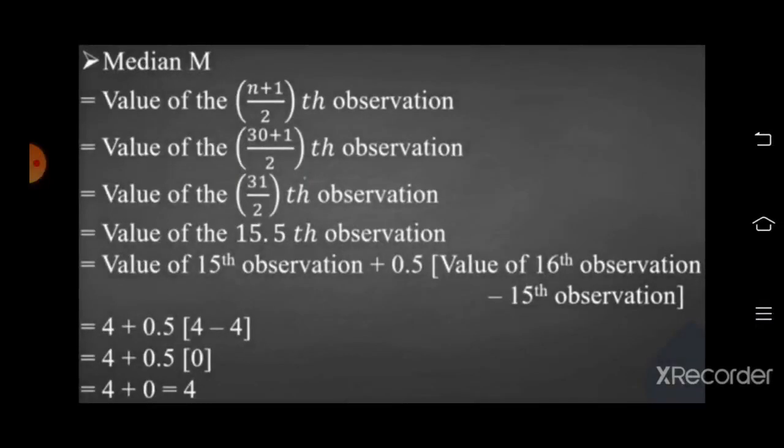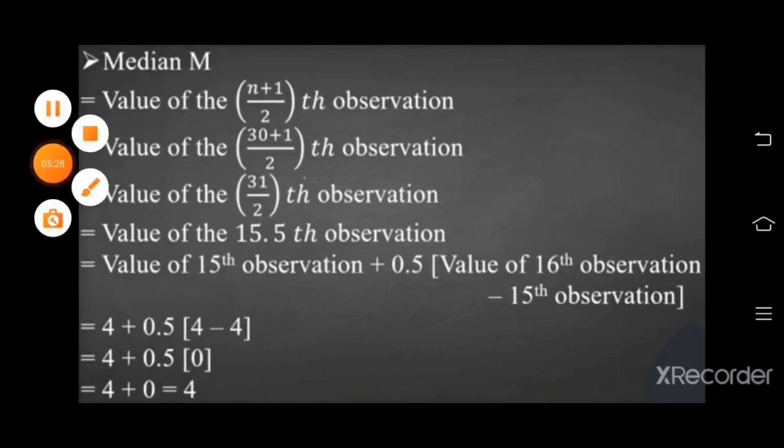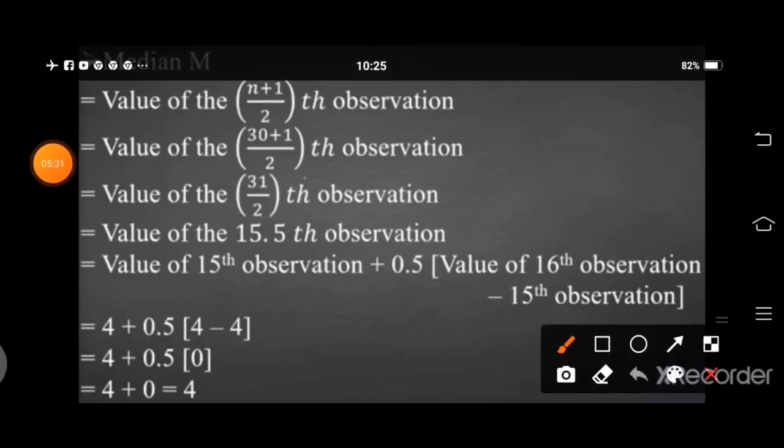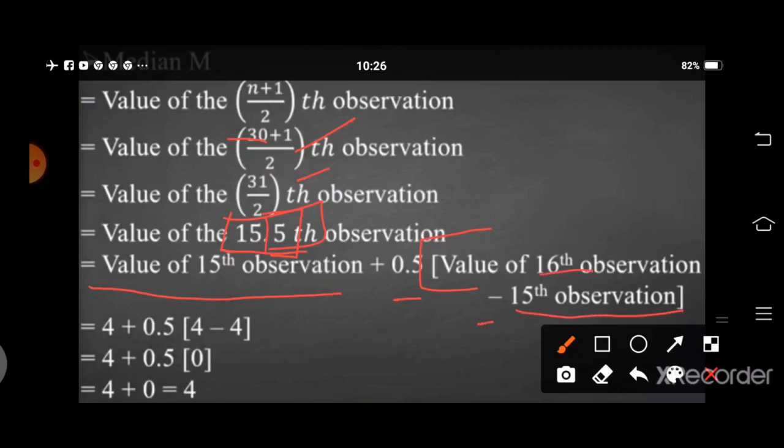So according to discrete frequency distribution, the formula of median is the value of the (n plus 1) upon 2th observation. n equals 30, plus 1 upon 2, answer 15.5th observation. Now according to the formula, value of 15th observation plus 0.5 times, in the bracket, value of 16th observation minus 15th observation.